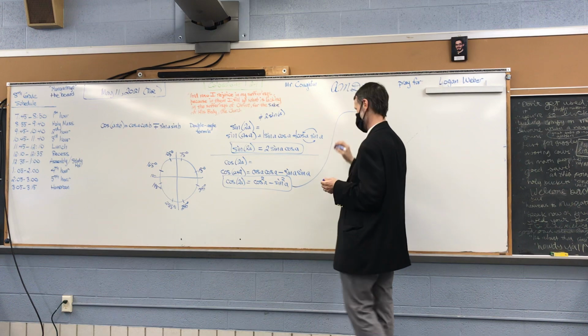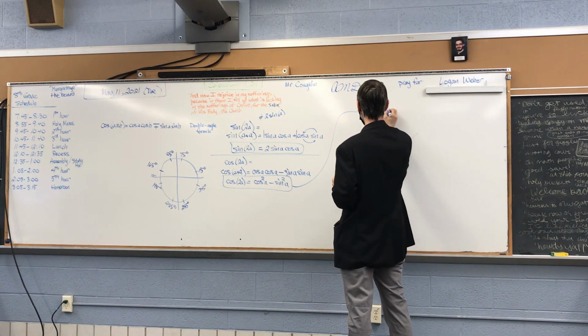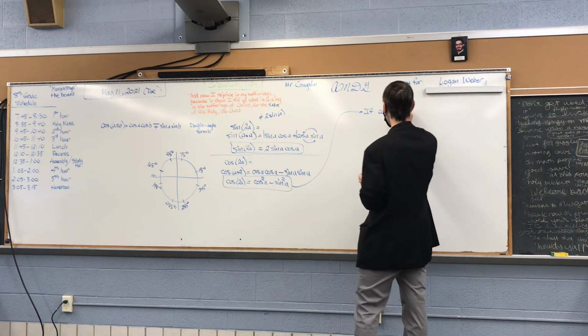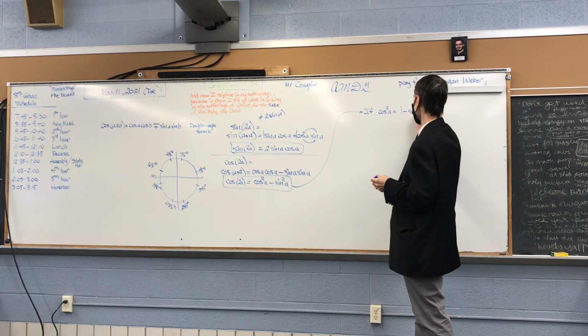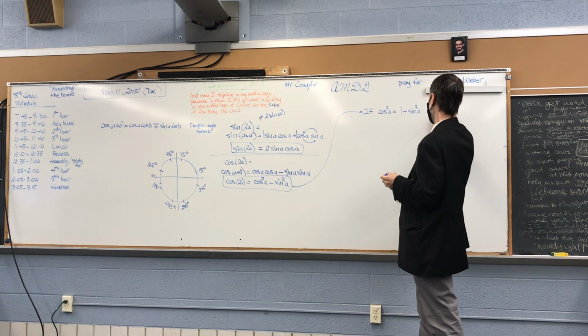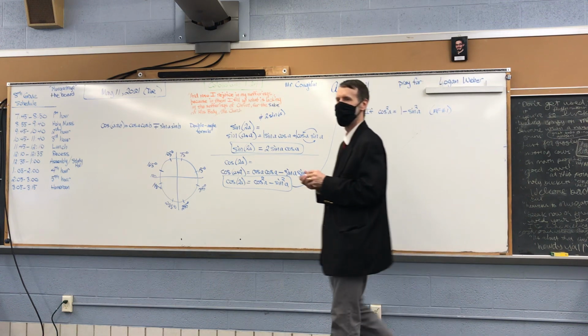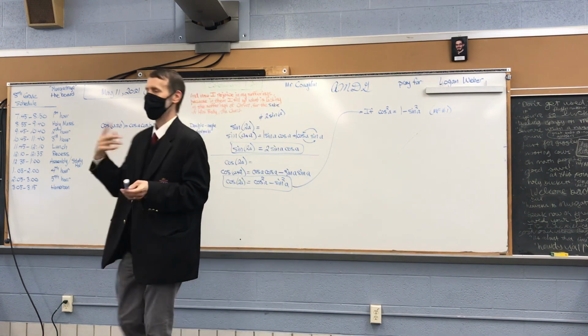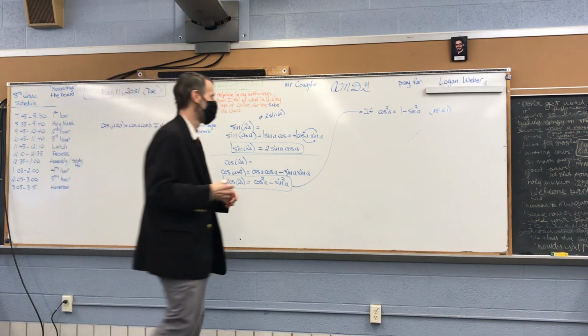Cosine squared of A is equal to 1 minus sine squared of A, that's from master formula number 1. Do you remember that from yesterday in a different form? It's sine squared plus cosine squared equals 1, if you subtract sine squared from both sides.